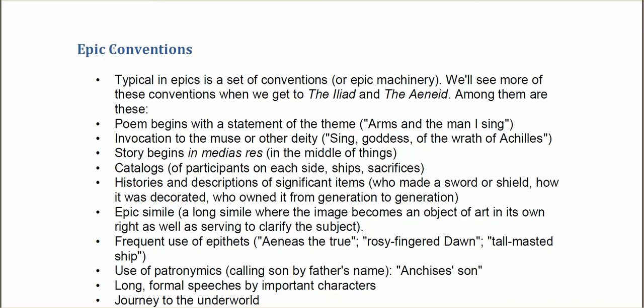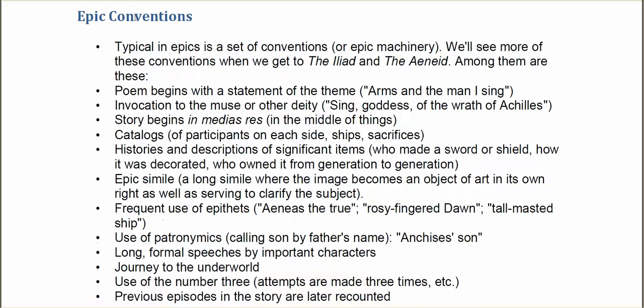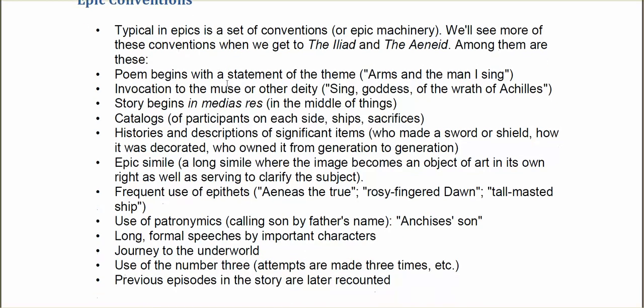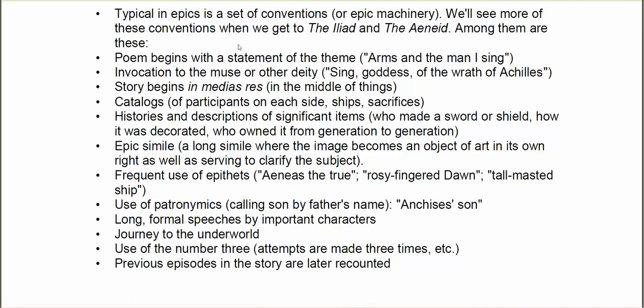Epic conventions, these are talking about the actual form of the epic itself and do refer to poetic sorts of strategies that we may not see in the Ramayana because it's not written in poetry. So I would go ahead and just skip over this.